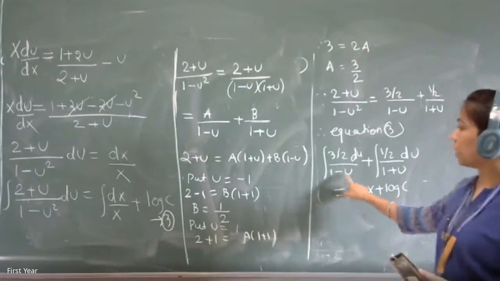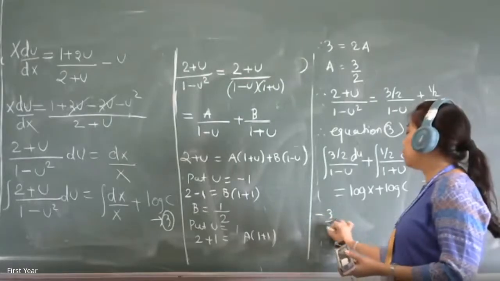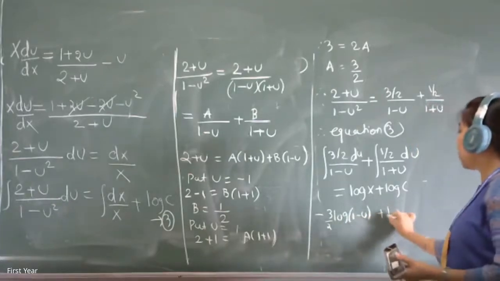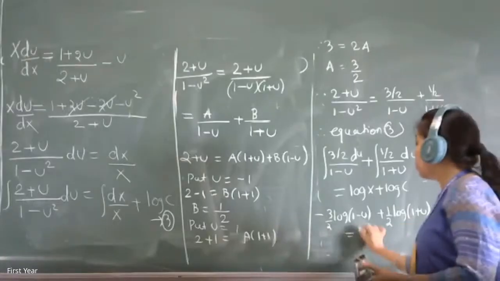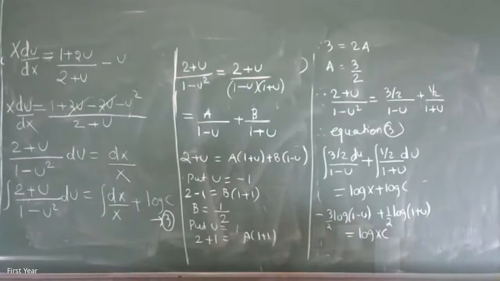So this is what's the derivative of 1 minus u? Minus log of 1 minus u. So minus 3 by 2 log of 1 minus u plus 1 by 2 log of 1 plus u is equal to log of x into c.